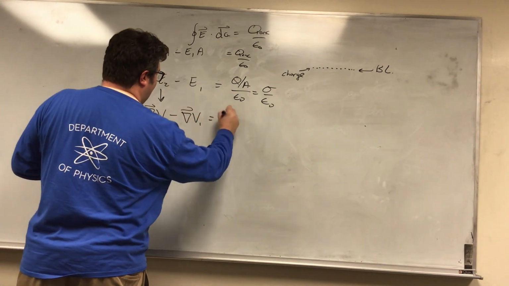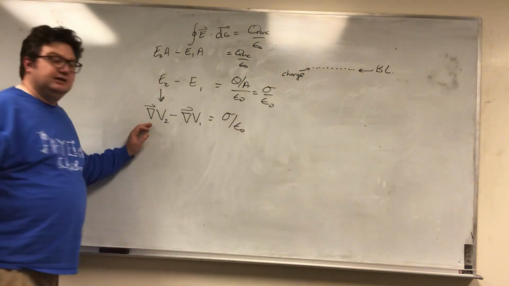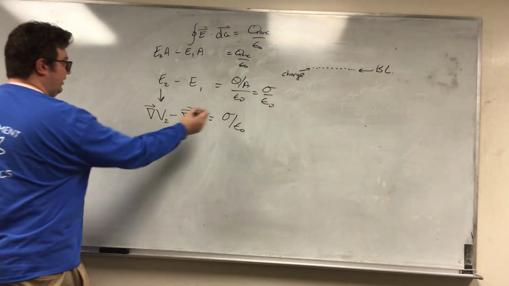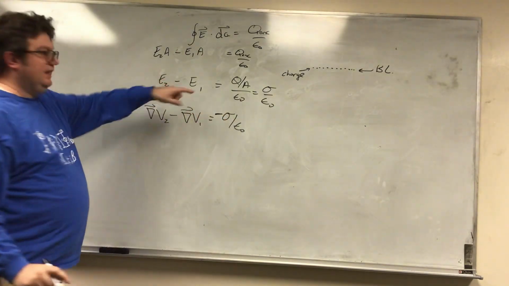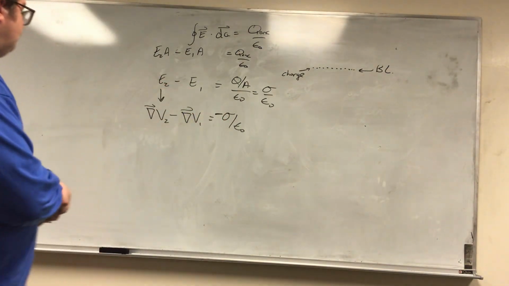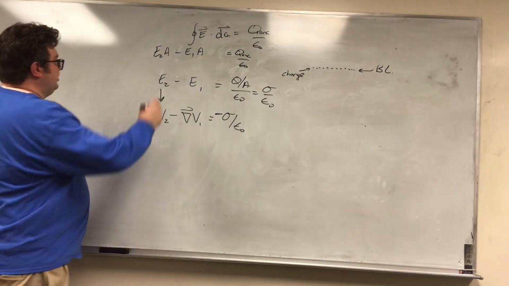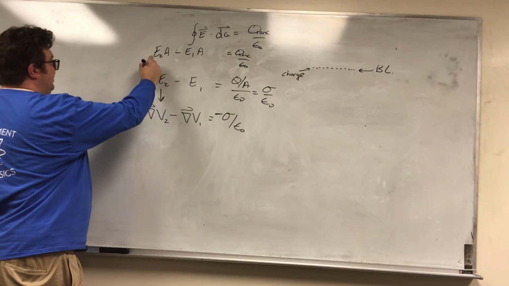It's the gradient of V2 minus the gradient of V1, sorry, and this will be negative because each of these has a negative sign.